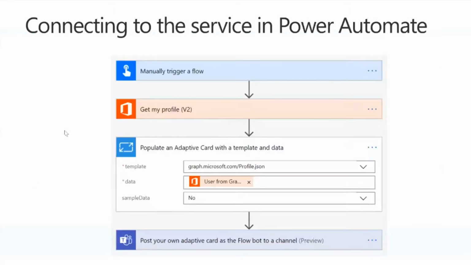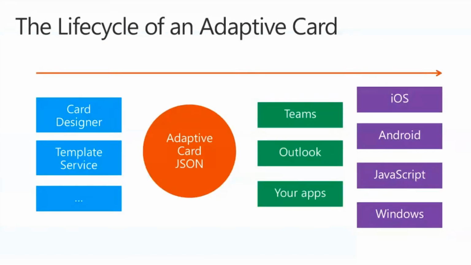We've got some Power Automate options. But all of these tools, including the new integrated designer in Power Automate, are helping you build the adaptive card JSON. That then lands on an app like Teams or Outlook or your own apps, and then lands on a platform and gets rendered natively to look like that app. That's basically the life cycle.